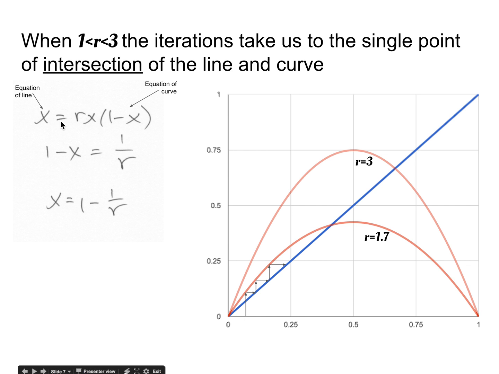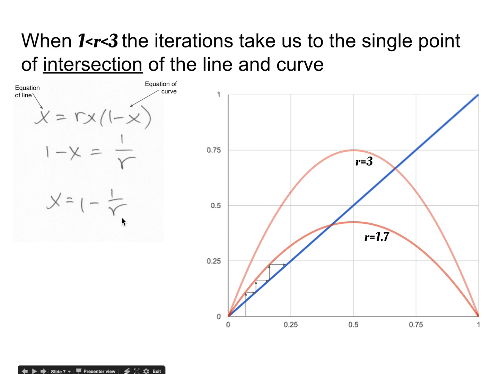So here's the equation of the blue line. It's just linear, y equals x. Here's the equation of the red curve. This is the logistics map, and we can do a little algebra here. And we can see that they intersect at this point. The point of intersection is at 1 minus 1 over r.